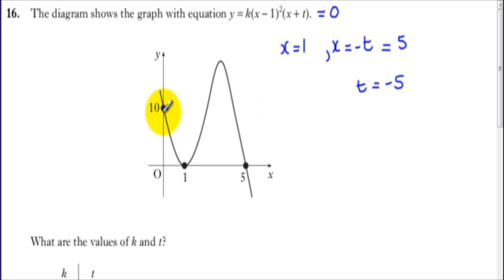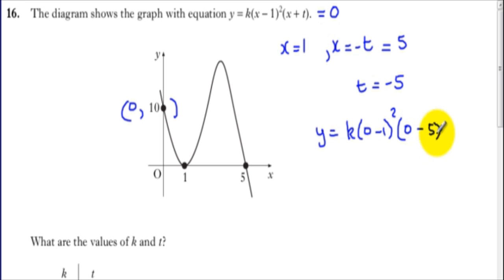Now, to find the value of k, we know that the point 0, 10 is on the curve. So when we fit in x equals 0 into this formula, we should get the answer 10. So y is equal to k, times 0 minus 1 squared, times 0 minus 5, and the answer to this is 10.